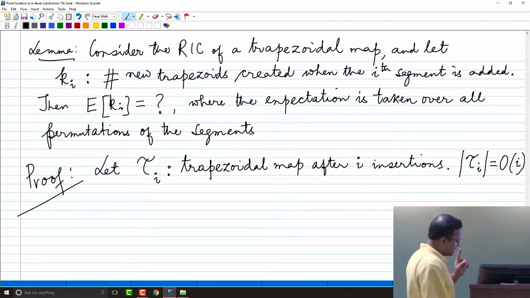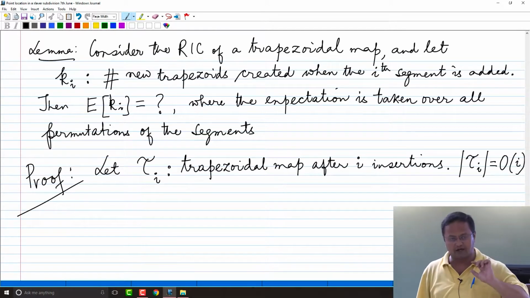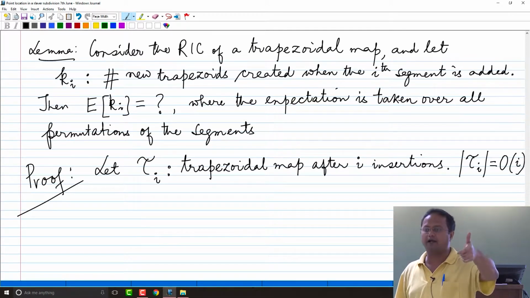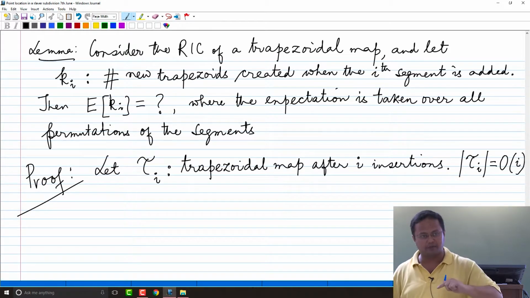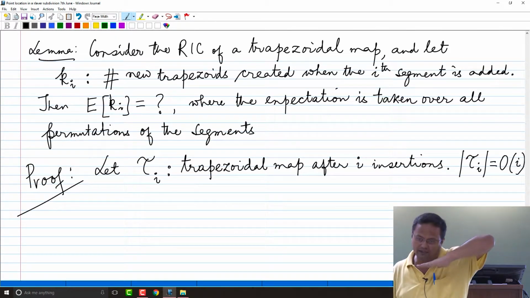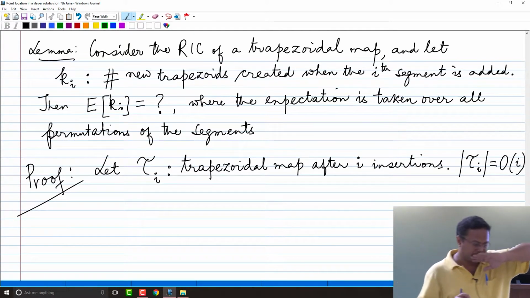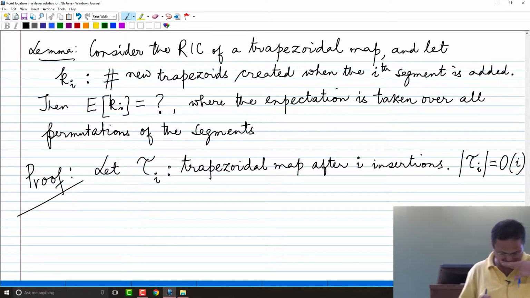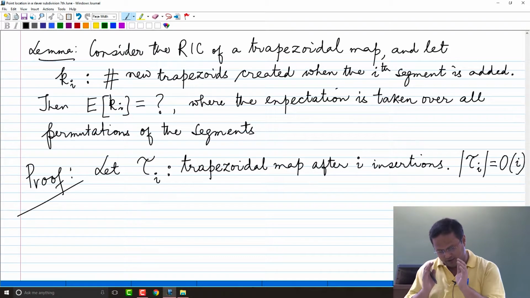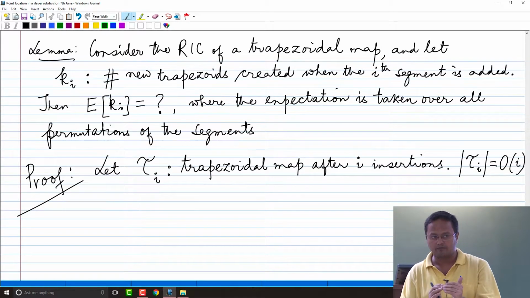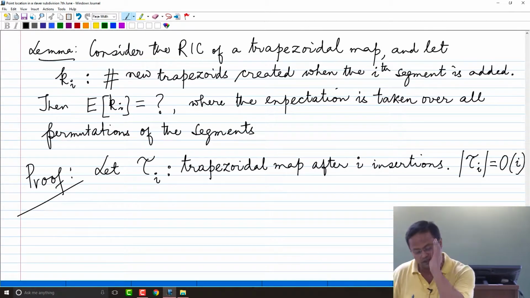Okay. So, essentially you should now appreciate that there is a relation between a segment and a trapezoid. A trapezoid is dependent on segments in some way. Think of this situation: till now you have inserted i minus 1 lines and you have inserted the ith line.